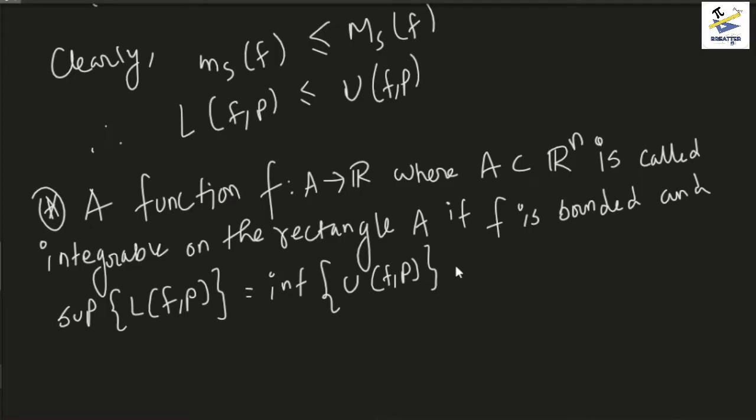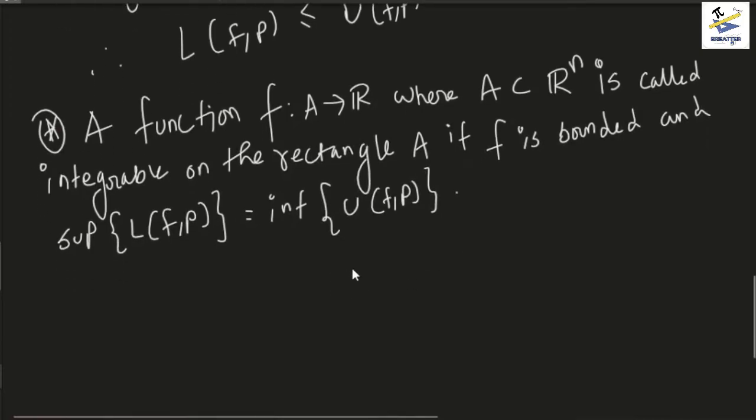So what we say is that a function f from A to R, where A is a subset of R to the power n, is called integrable on the rectangle A if f is bounded. So firstly the condition is f must be bounded. Secondly, you find the lower sum and the upper sum corresponding to a partition P. The partition is up to you to choose. And what you need to check is that the supremum of the lower sum is equal to the infimum of the upper sum.